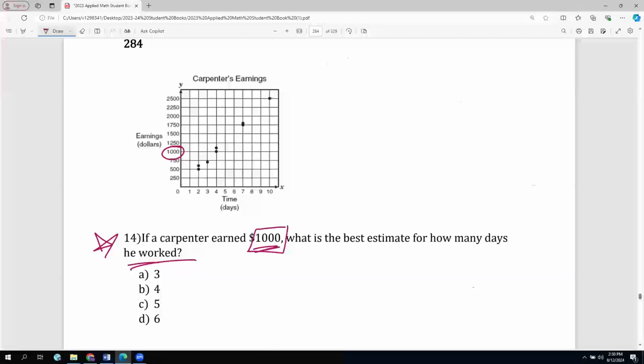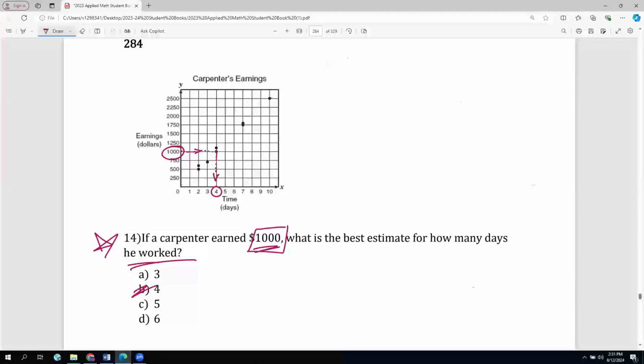Well, in order to do that, I have to go up to 1,000 and then start looking to the right and see, do I have a data point at that mark? And I do. I actually have one right there on the $1,000 mark. And it clearly indicates that that is located at the fourth day. At the fourth day, you're making $1,000. So how many days does it take me to make 1,000? 4.